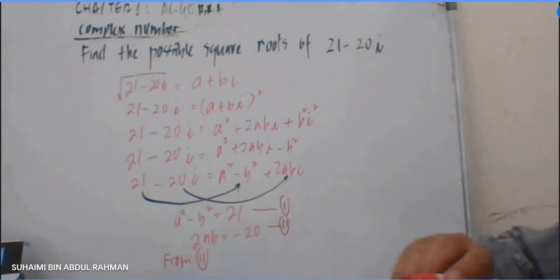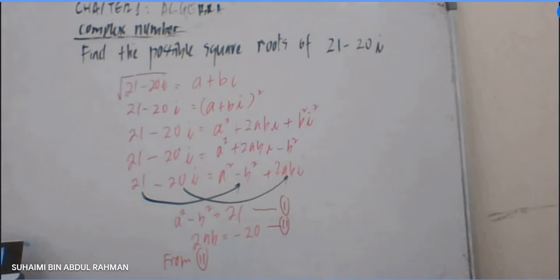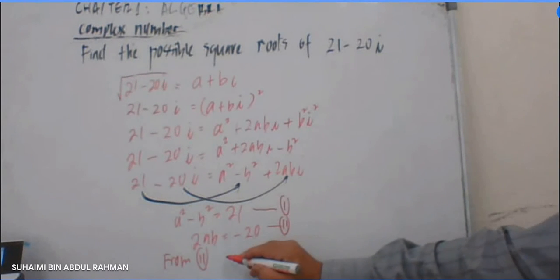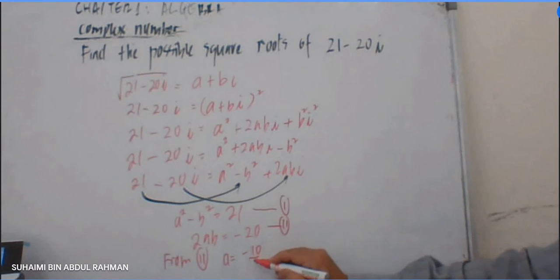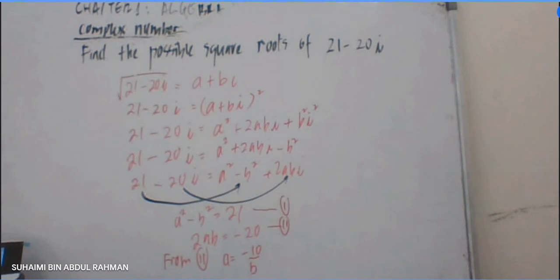From equation number 2, a equal to minus 10 over b.